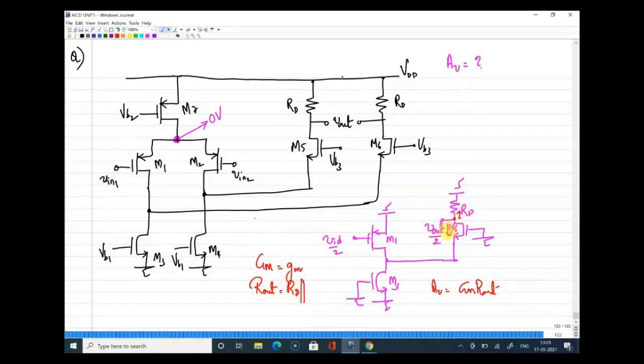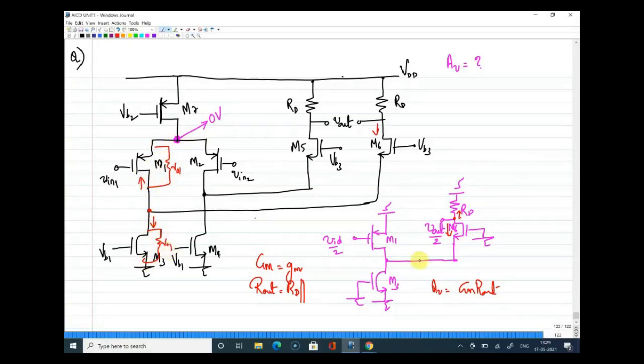So the down resistance, if you see from the drain of M6, look at this. I am looking at the drain of one device, but at the source there are two resistors. One resistance is R01, because looking into the drain shows a resistance of R01. Down also you can see another resistance, which is R03.